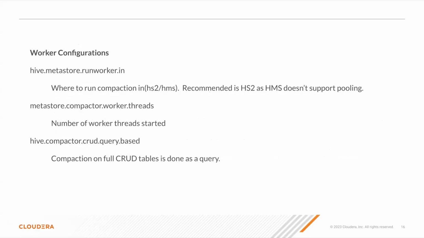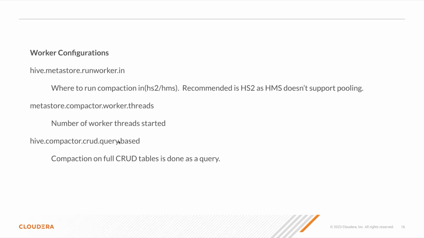But it's recommended in HS2 because compaction pooling is not supported in Metastore. And we can also configure the number of worker threads. If there are more worker threads and the compaction runs concurrently, it is faster, but then it depends on the cluster load, how huge the cluster is. Depending on that, the number of worker threads can be configured.